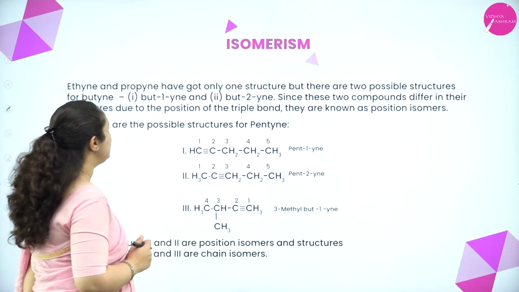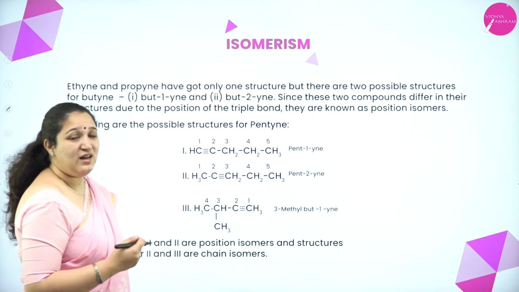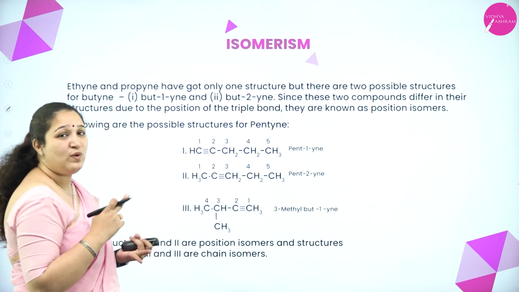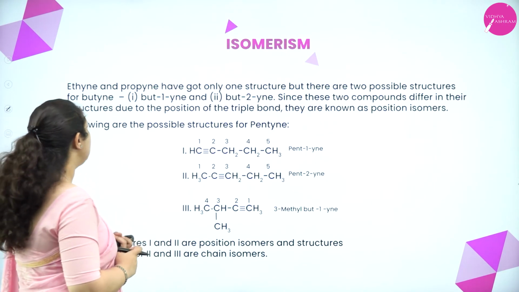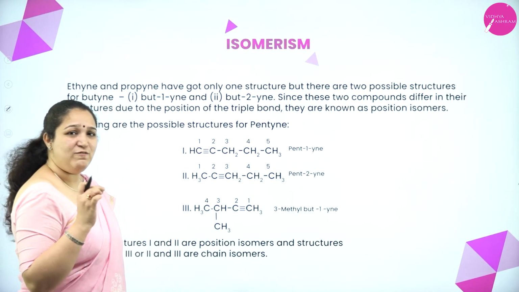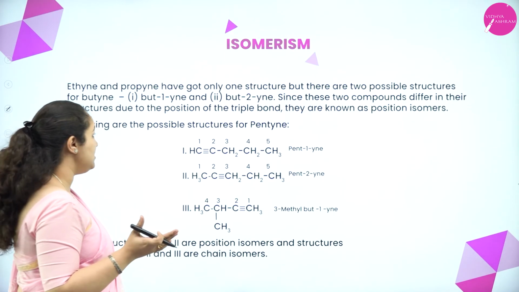Okay. Next is isomerism. In alkynes, isomerism is possible. One is position isomerism, one is chain isomerism. What is it? We will understand. Ethyne and propyne have only one structure and there are no other possible structures at all.